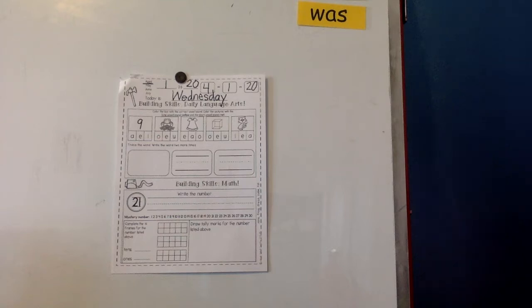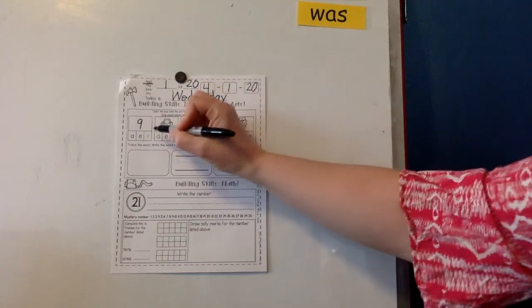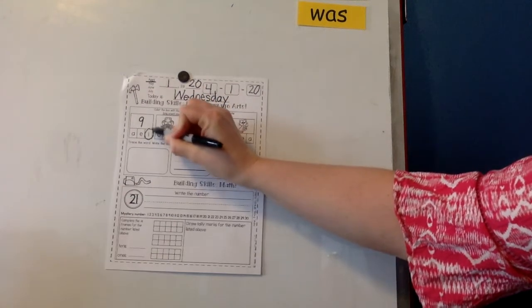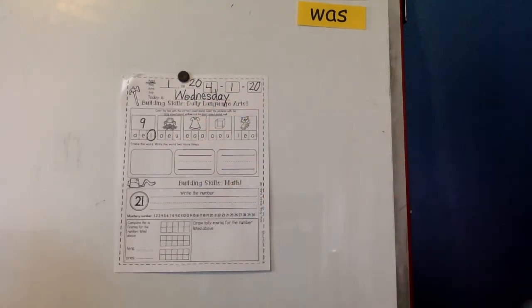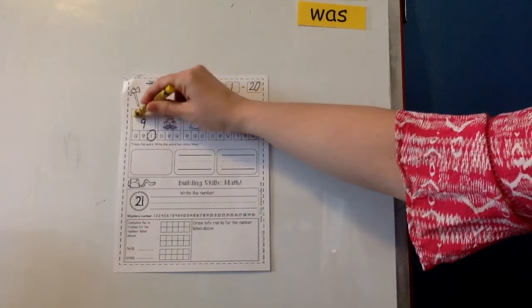So in the word 9, what vowel sound do you hear? The I. And are we going to color it yellow? Does it say I, yellow, or I, red? 9. We're going to color it yellow.